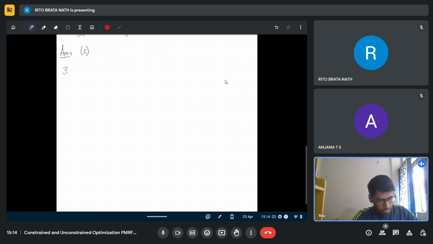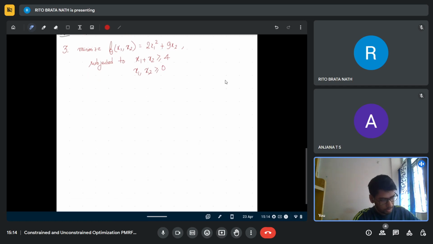So the third problem, I'll write it down. You have to minimize f(x1, x2) equals 2x1 squared plus 9x2, subject to x1 plus x2 greater than or equal to 4, and x1 and x2 are non-negative.